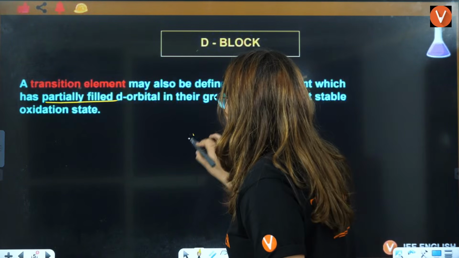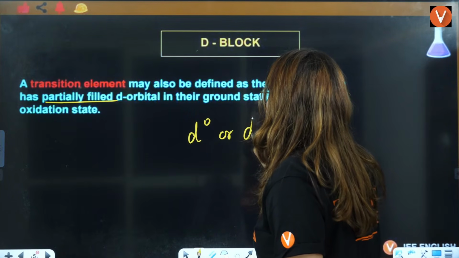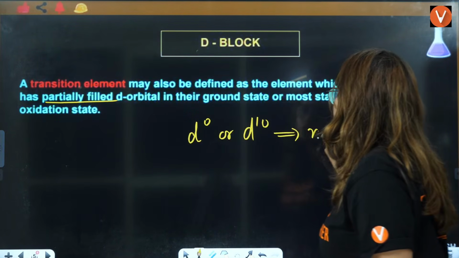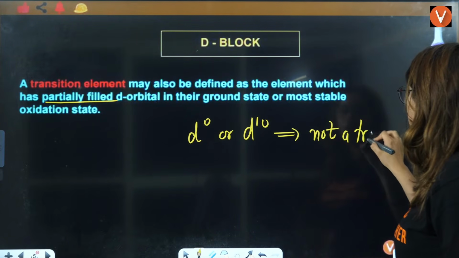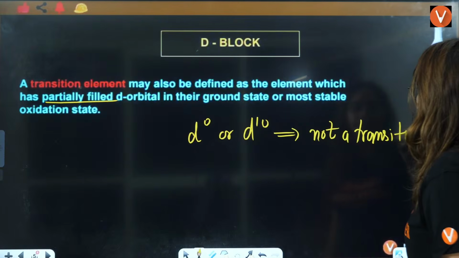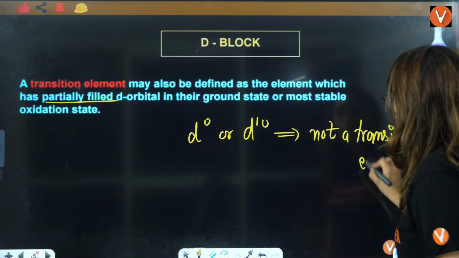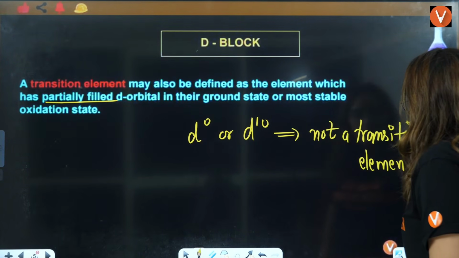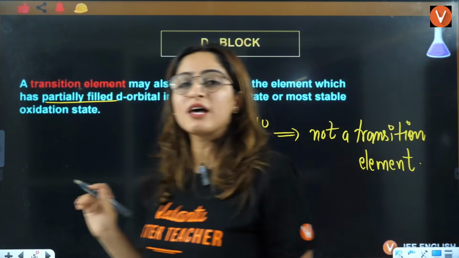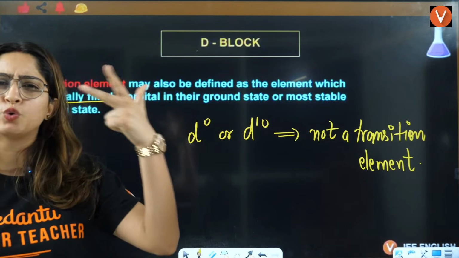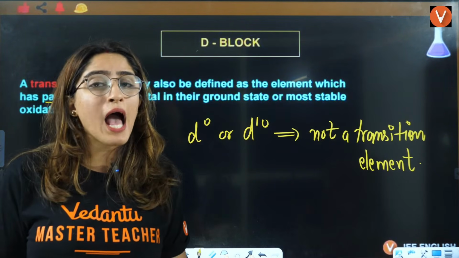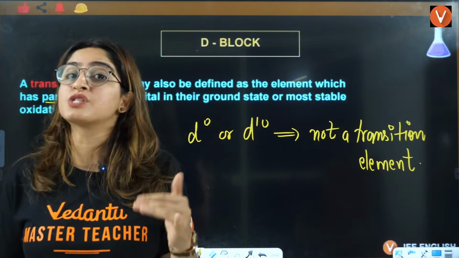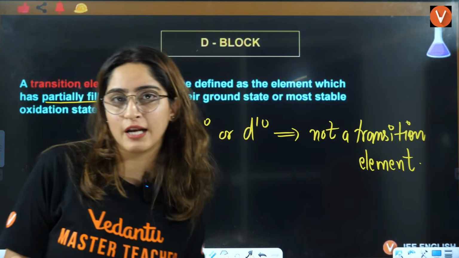Means if you have D0 or D10, then it's not a transition element. In transition elements, it can be D1, D2, D3, D4, D5, D6, D7, D8, D9. But if you have D10 or D0, then it's not a transition element, right?